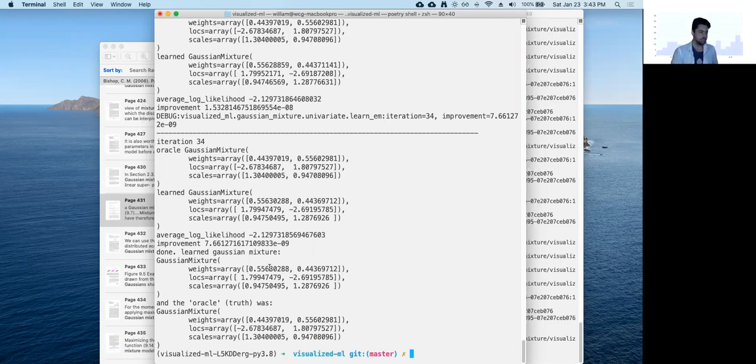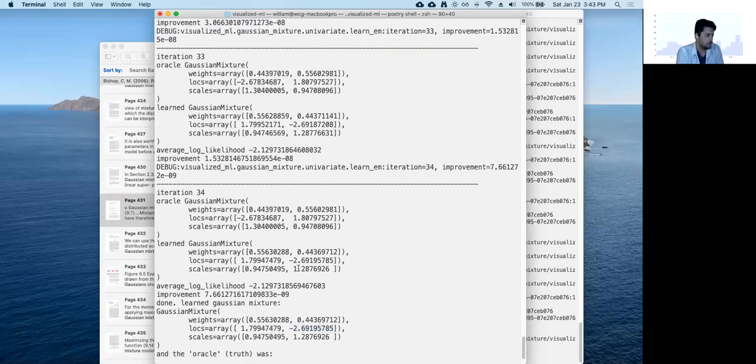Here it learned 0.556 and 0.44369, roughly to a thousandth of a probability. It also was able to recover the scales and the locations. So that's pretty good.